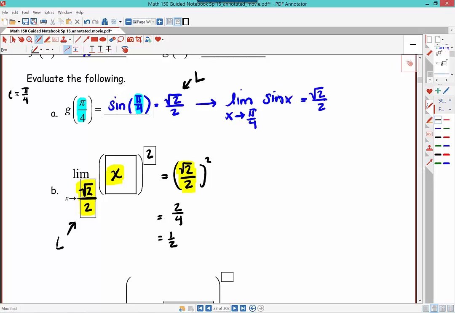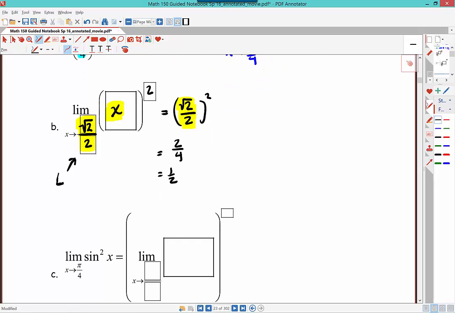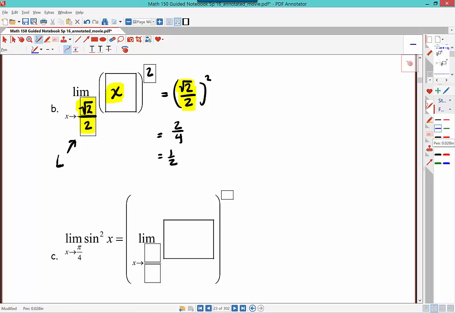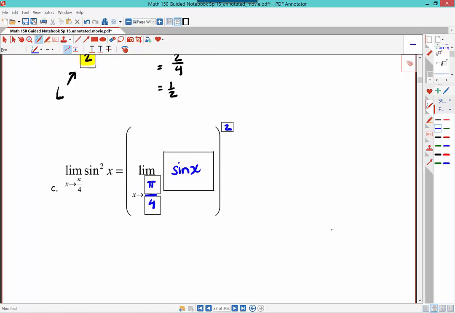Now, putting it all together, what we really figured out was, as we approach pi over 4 of sine squared at x, this limit is equivalent to this. So at the end of the day, we get 1/2.